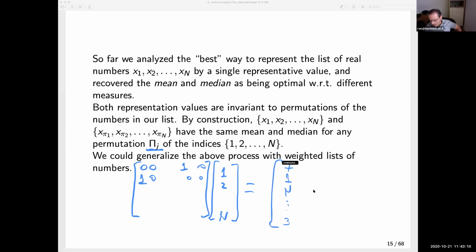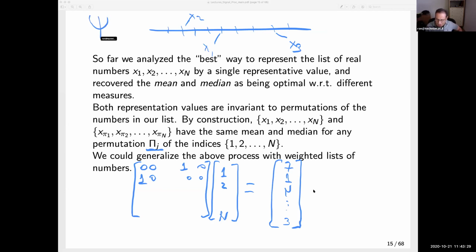So I have my line of numbers, but now this would be x1, this would be x2, this would be x3, and the numbers are given to me in an unordered fashion. It is very important that the penalty function would be agnostic, would be invariant with respect to the order of the numbers. Why is it so important?